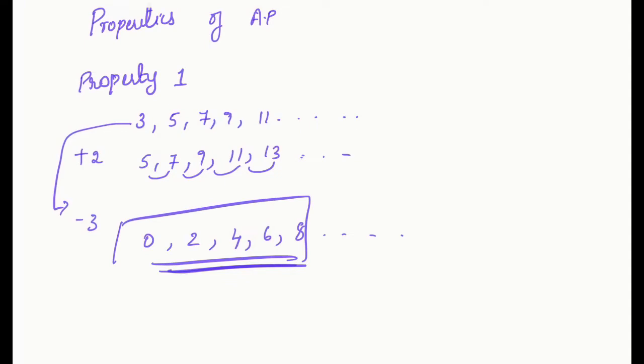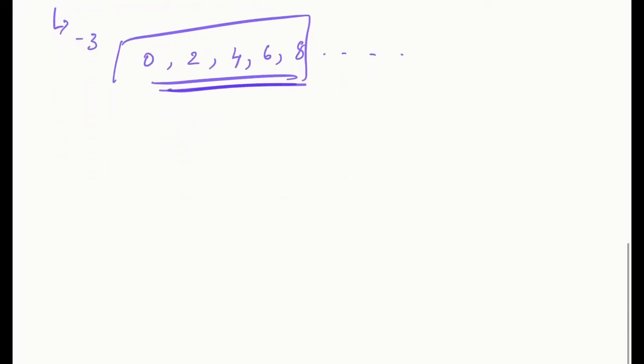That is, if the same fixed non-zero number is added or subtracted from each term of an AP, the resulting sequence is also an AP. Similarly, what is property 2? In property 2, if each term of the given AP is multiplied or divided by a given non-zero fixed number, the resulting sequence is also an AP.